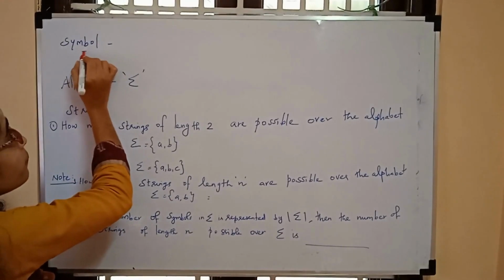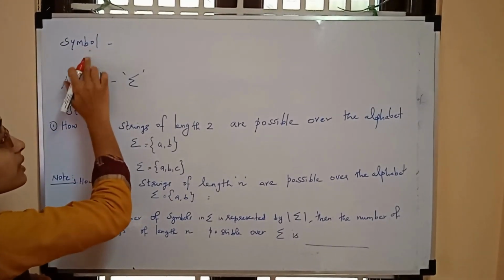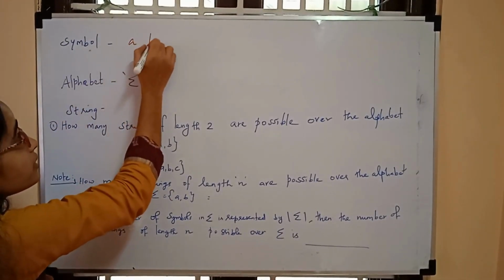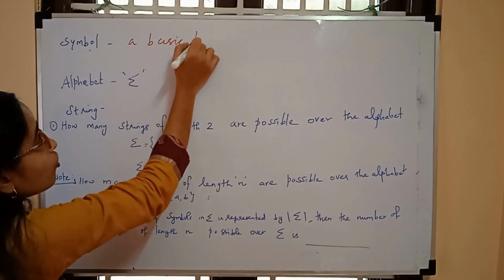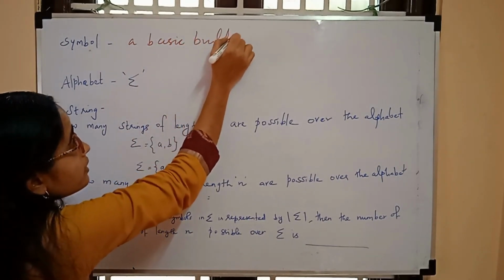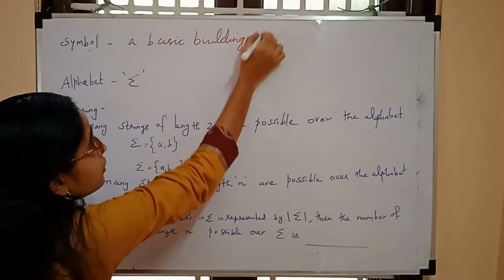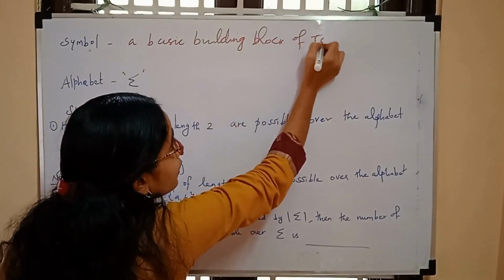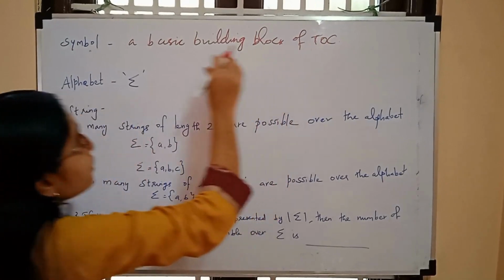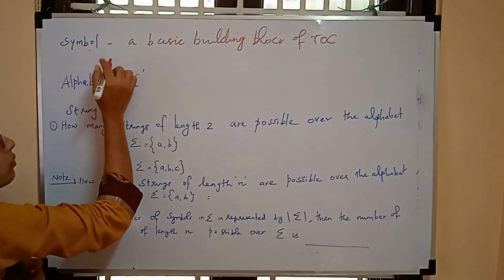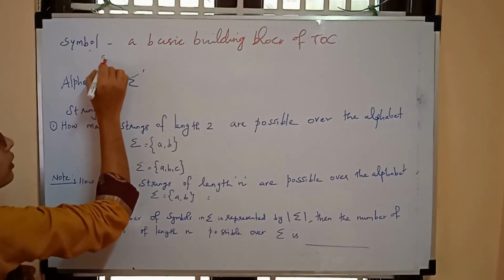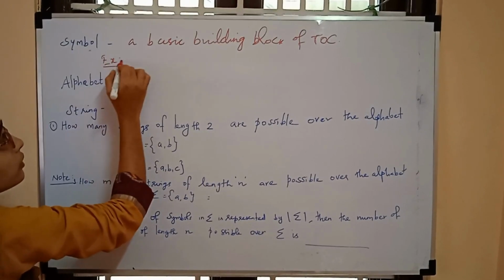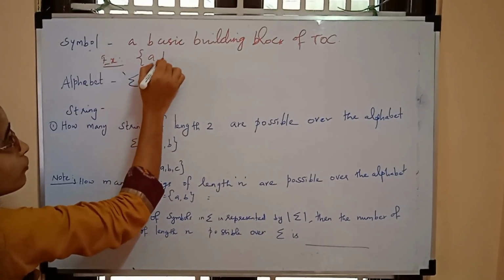Okay, so now what is the basics here in TOC? Symbol is the main basic thing. It is a basic building block of TOC. So what is meant by symbol? For example, it includes any alphabets.